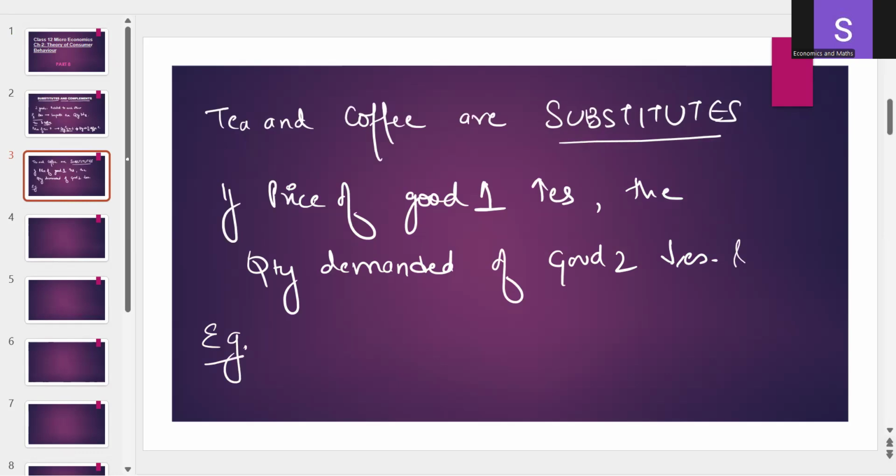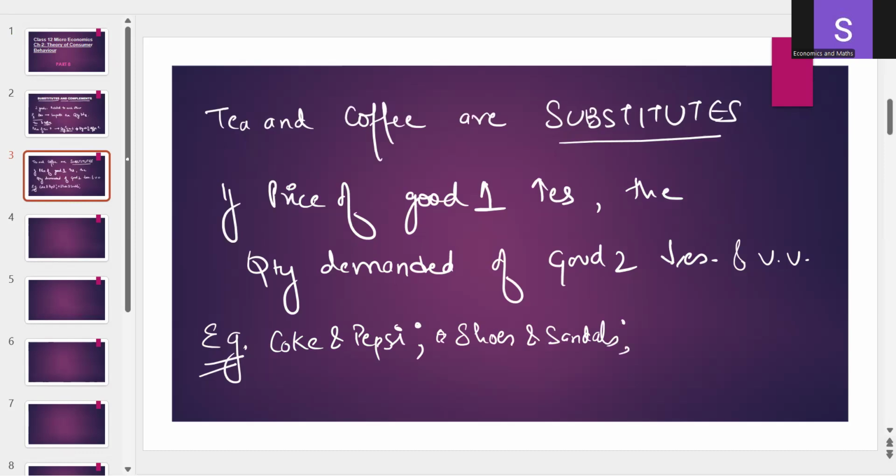Similarly, the other examples of substitutes could be Coke and Pepsi, which are beverages, and maybe shoes and sandals, we can say these are substitutes also.